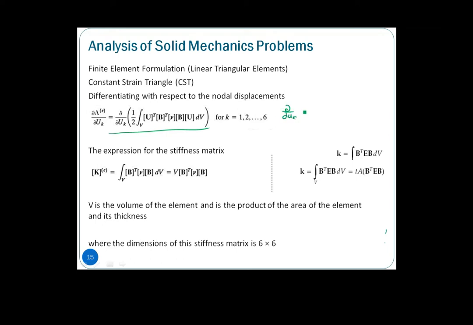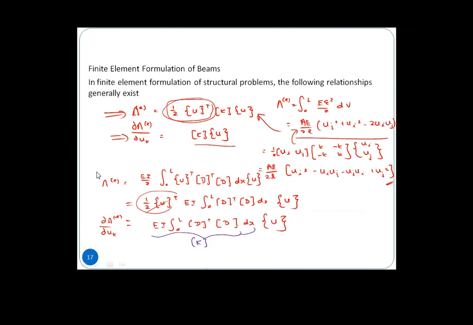We have learned this during beams. Let me open and show you. Strain energy is equal to this, right? So if we are finding the derivative of it, then this 1 over 2 u transpose will be gone. Basically we end up with this u.